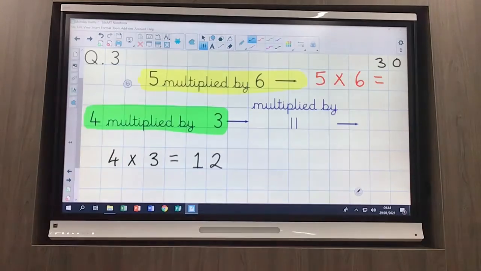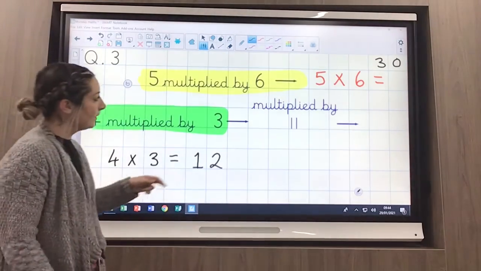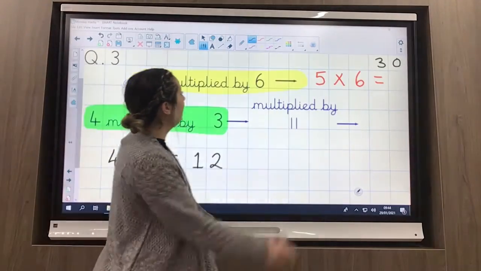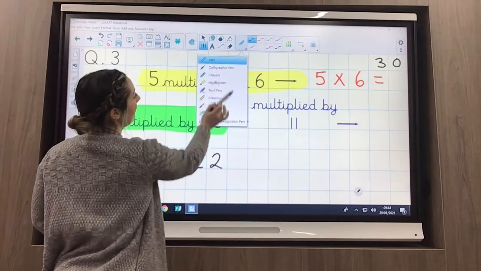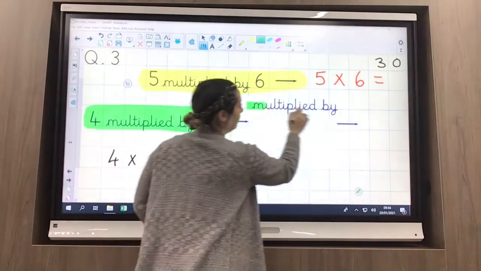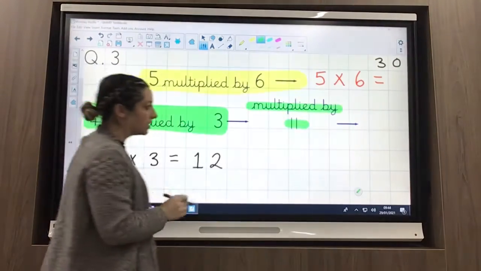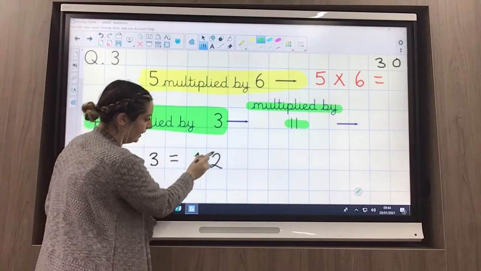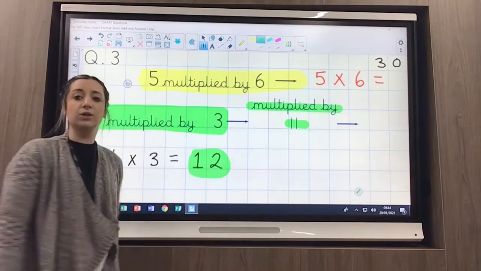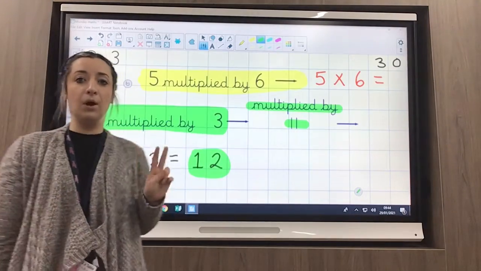Okay, and then what it's asking me to do is to multiply the answer by 11. So let's go back to my highlighter so we can see exactly what it's asking me to do. So it's asking me multiplied by 11. What's multiplied by 11? This is my answer from my first step, because this is a 2-step problem.